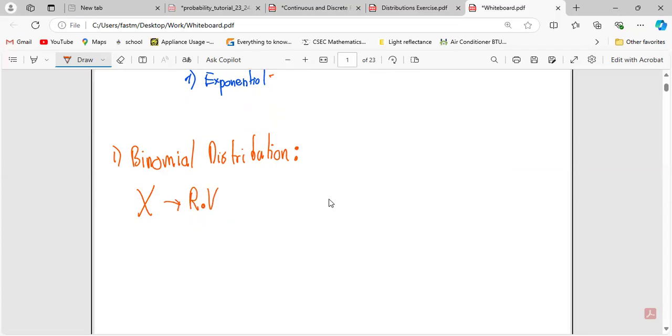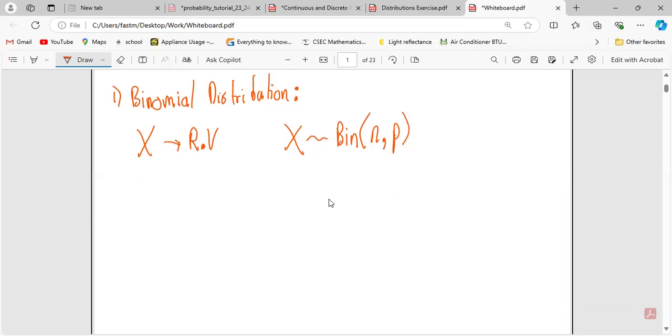They will always tell you what the random variable is, the thing they're manipulating or looking for. So you write X follows a binomial, or Bin for short, and the parameters for a binomial are n and p. That is how you will know when to use a binomial.